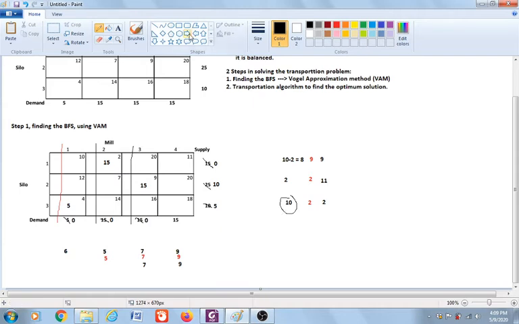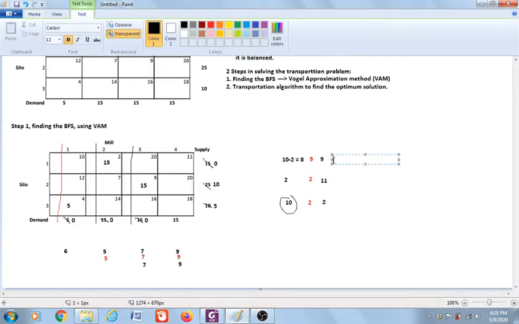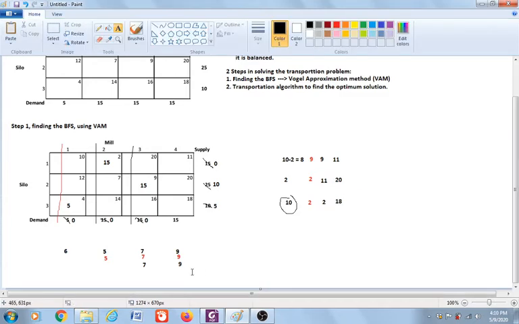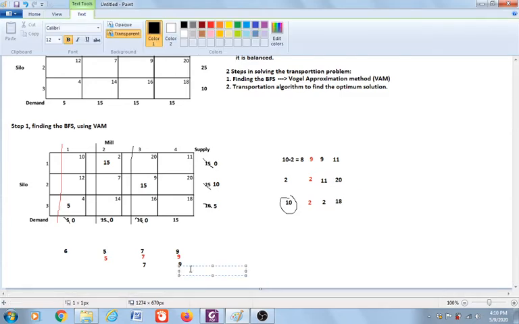Okay, then I will repeat the same step. So I just have 11 over here. It is the only one. 20 and 18. Okay. And here I have 9.